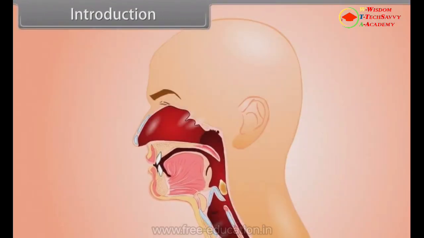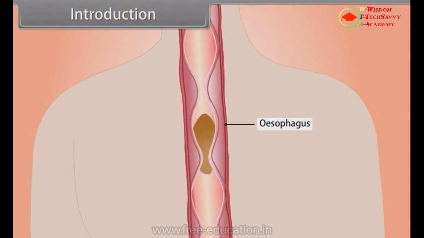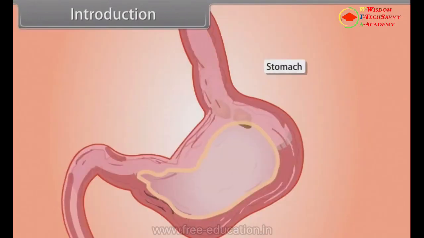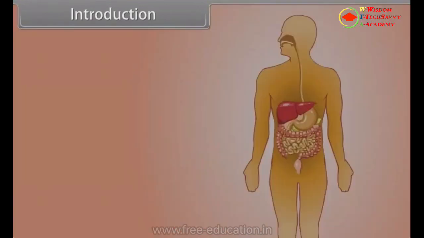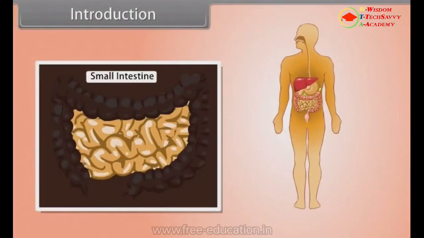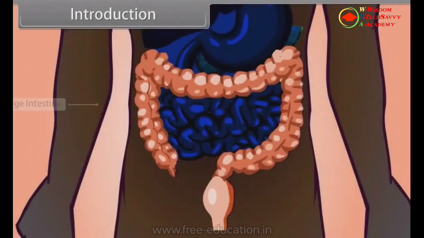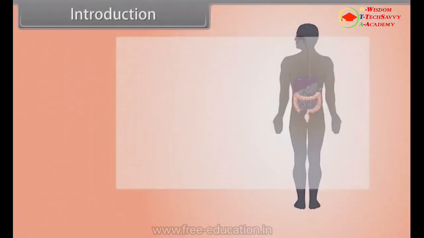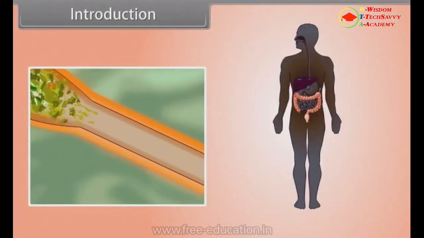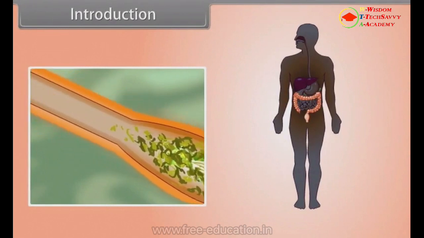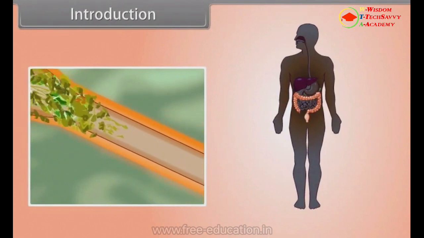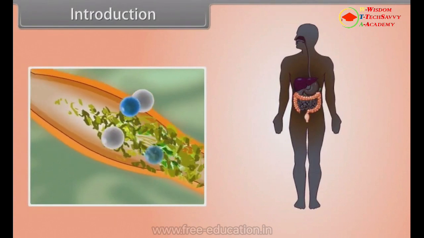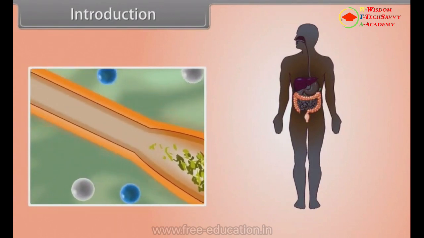Yes, through the mouth and then through the esophagus, food goes to the stomach where digestion of protein starts, and then food enters into the small intestine, from where the undigested food goes to the large intestine and then is ejected out from the body through the anus. After the digestion of food, the nutrients are absorbed from the digested products. So, throughout this module, we will learn digestion and absorption.